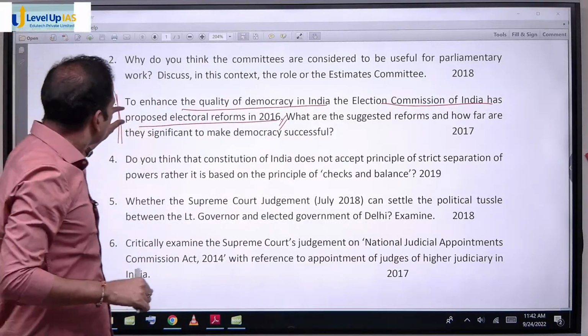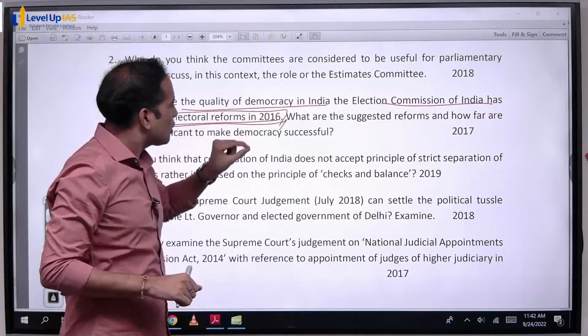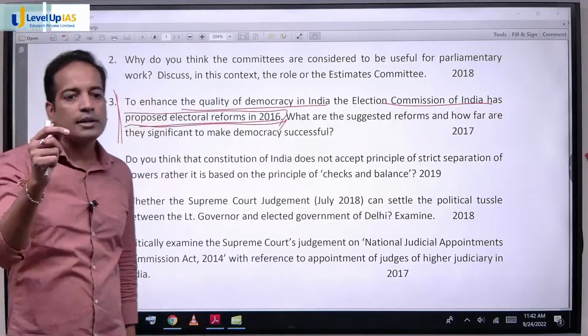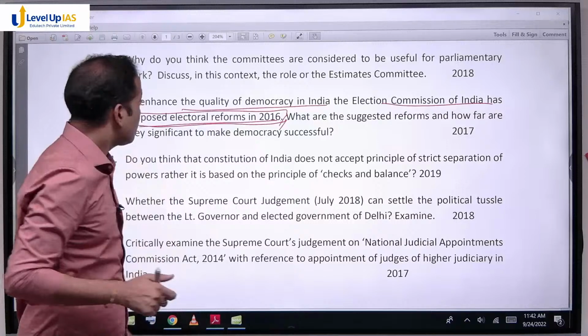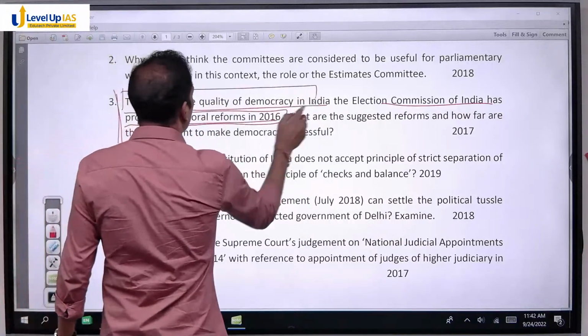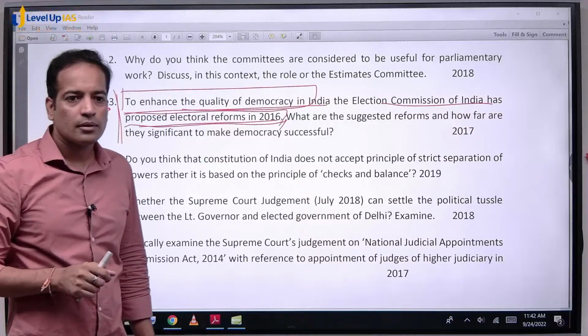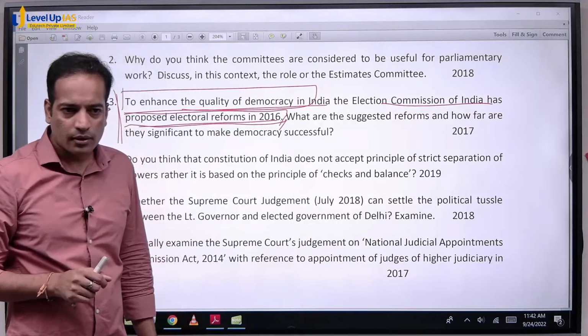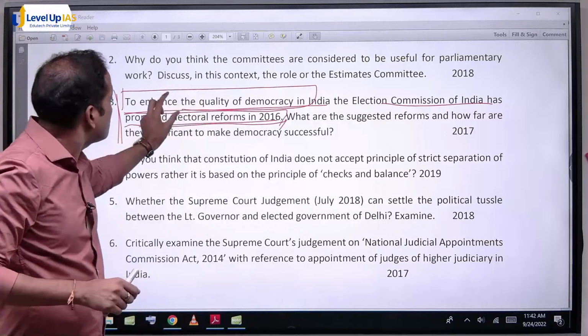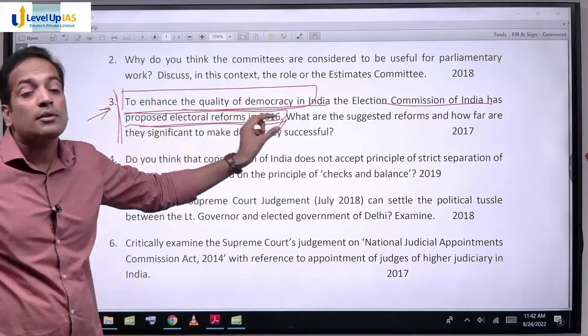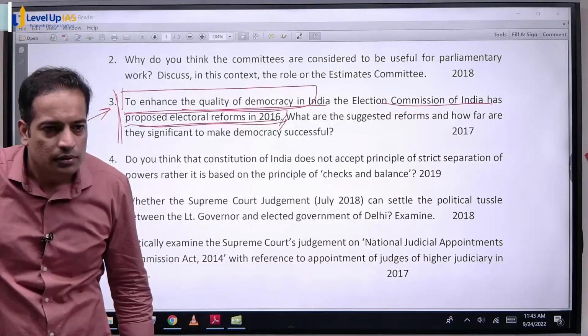So naturally one part would be, this does not mean you will simply start writing suggestions. First you have to explain about enhancing the quality of democracy. Okay, and then you will have to come to this part, what are the reforms that have been proposed.